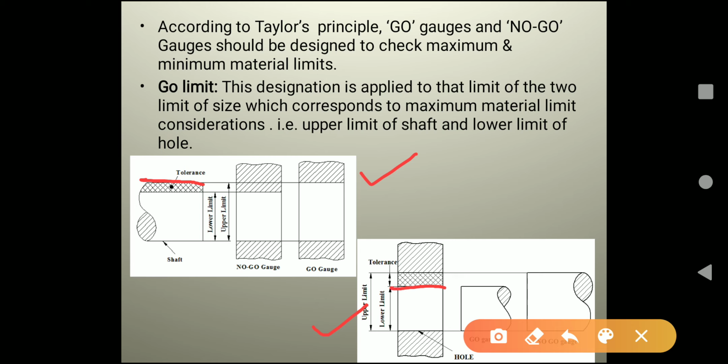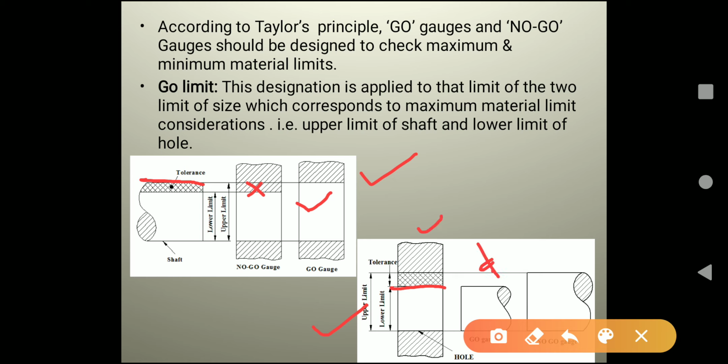So if you pass the particular gauge, you can see that if it passes through the no go gauge, it is rejected, and if the plug gauge is passed by go, it is accepted. You can see here. Likewise, this is a standard ring gauge or snap gauge which is checking the diameter of a shaft.